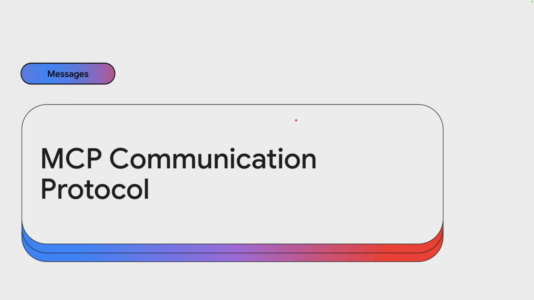Okay, so as we mentioned just now, the architecture of MCP is based on client and server. So a client must be able to communicate with the server, and the server must also be able to communicate back to the client. So there is something we call a communication protocol.